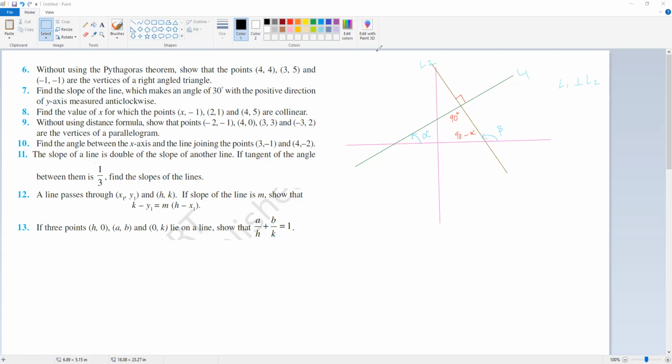Because that's a triangle. Are you listening to me? This is a triangle. So this is 90 degrees, this is alpha, the sum of the remaining two should be 90, so this will be 90 minus alpha.